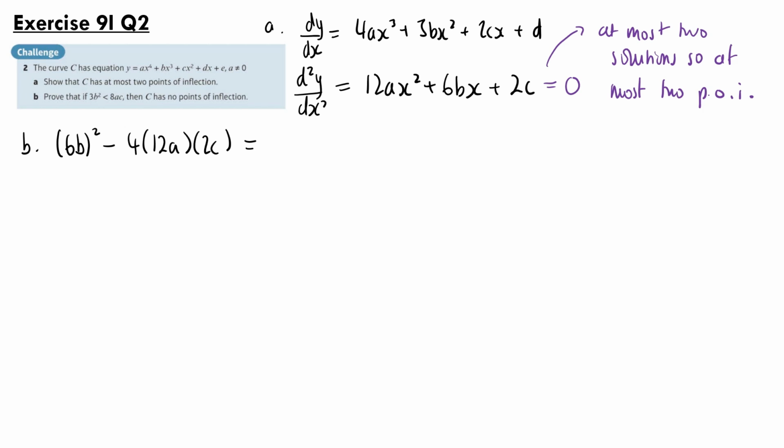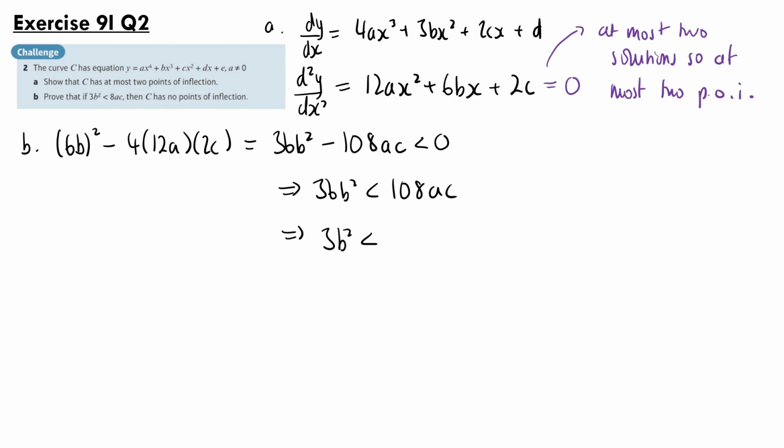That is equal to 36b squared, take away 96ac. And we know for no solutions, the discriminant has to be less than 0. Okay, and then we can just rearrange, divide through by 12 to give us 3b squared is less than 8ac as required.